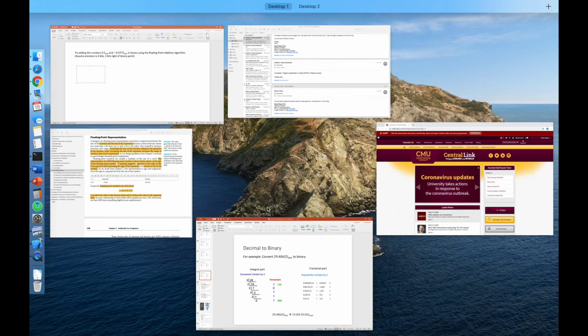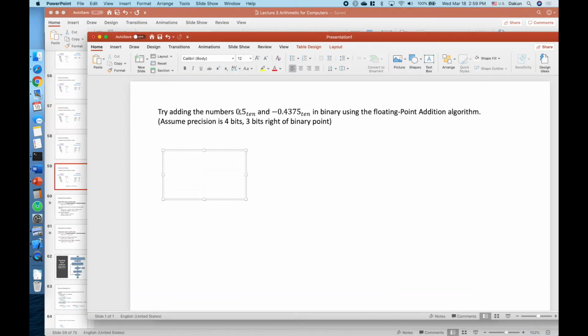In this case, we need to translate 0.5, the fraction part, to a binary number. So we repeatedly multiply this fraction part by 2. 0.5 times 2 equals 1.0. Then we harvest the left side bit, which is 1. And since the fraction part is 0 now, we have finished this process.